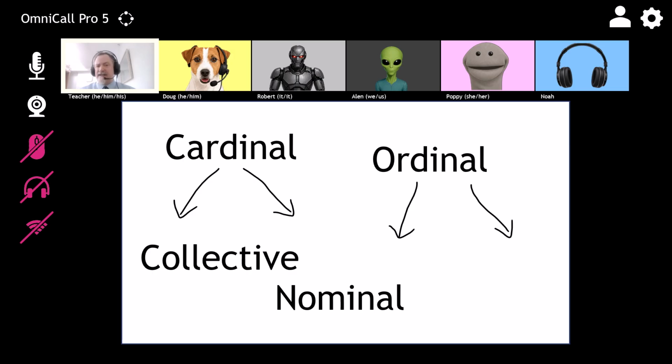Even pair is not the full list. Consider dual. A person can have a dual citizenship passport, but not a pair citizenship passport. Both words mean two, and both words mean a group of size two. But that means the collective numbers here also have more than one kind.